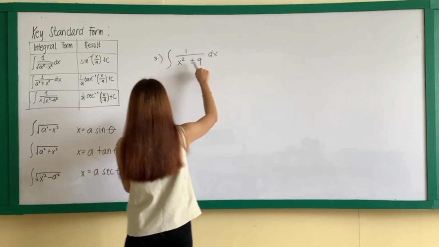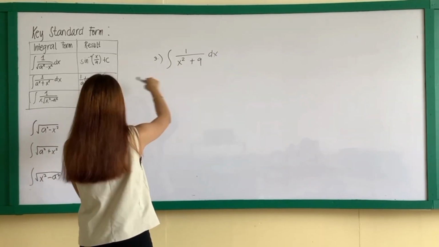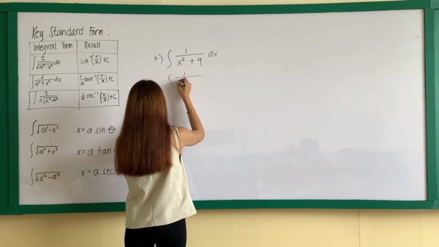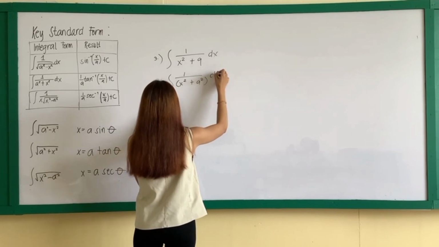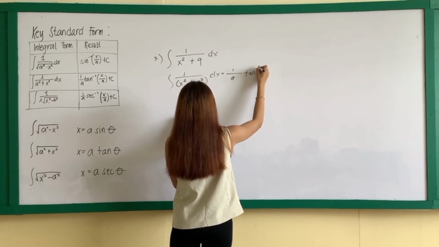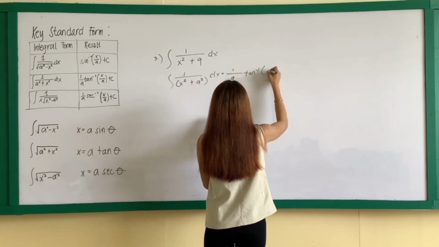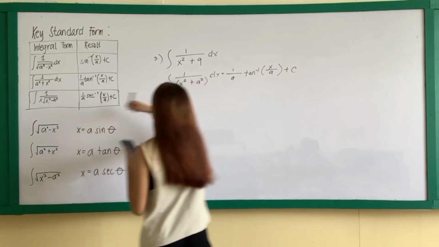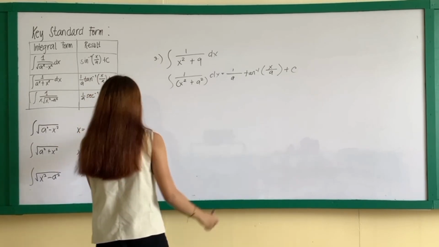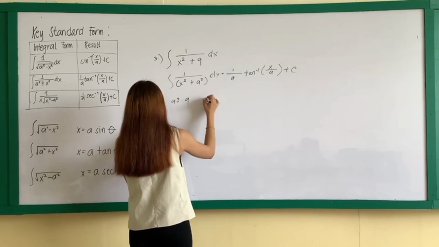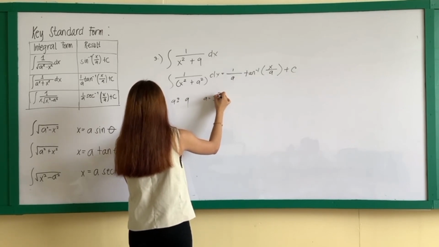So this matches the arctan form here: 1 over x squared plus a squared dx equals 1 over a arctan x over a plus C. And our a squared is equal to 9, so a equals 3.